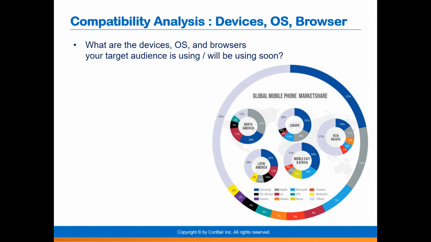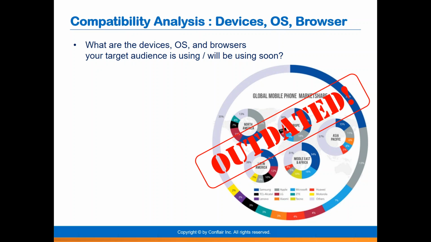This chart, however, is outdated, as would be any chart or any statistic you collected, let's say 3, 4, 6 months ago. One of the challenges of the mobile world is that it is changing very quickly. The statistic about browser use and device use you have from 3 months ago might be totally outdated now for some markets.